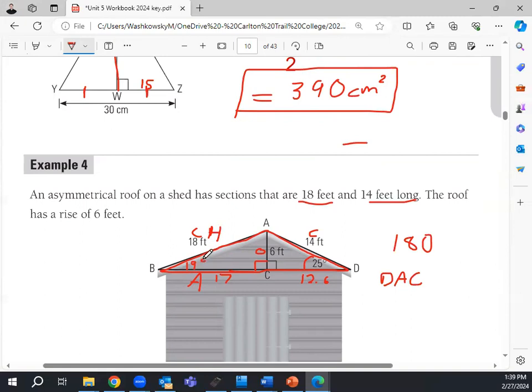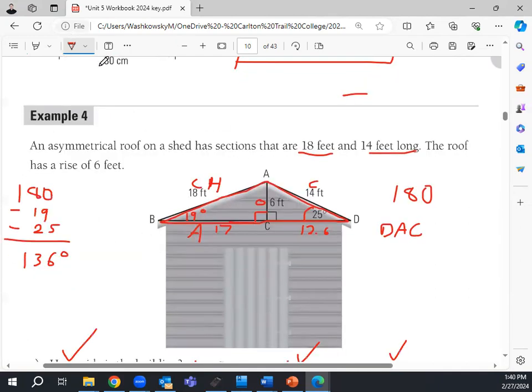All of a sudden now I can figure out angle A, because if I take 180 degrees, subtract angle B, 19, and subtract angle D, 25, I'm left with angle A, which is 136 degrees.